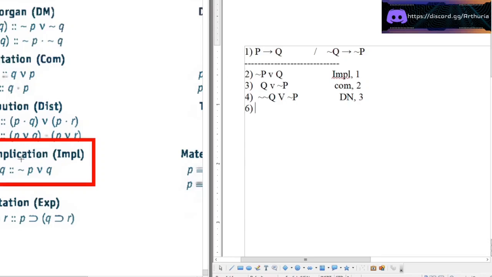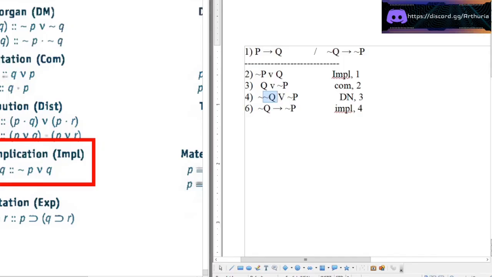So look at the material implication rule. This turns into if not Q, then not P through impel again. Because impel says, if you have a negation on the left side, this guy is negating this.